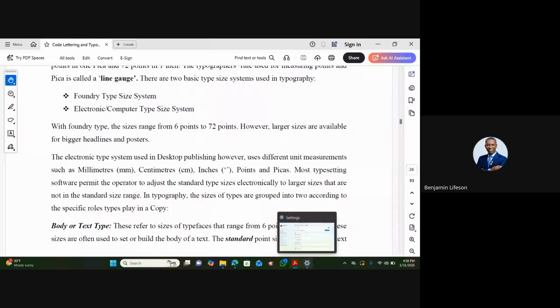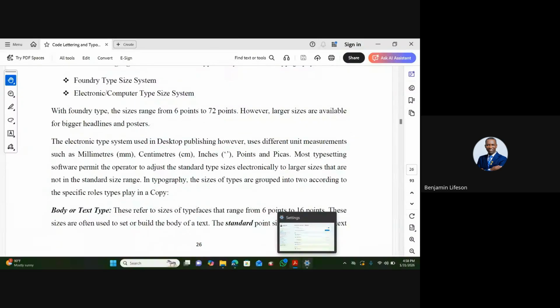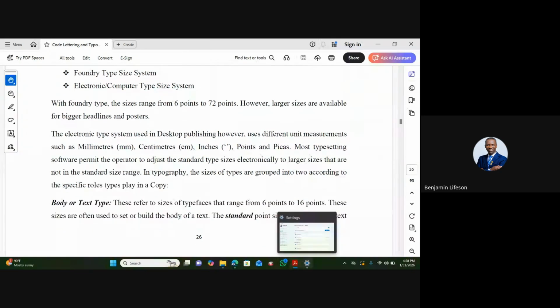So we have measurements such as millimeters, centimeters, inches, points, and picas. Most typesetting software permits the operator to adjust the standard size electronically to larger sizes that are not in the standard size.